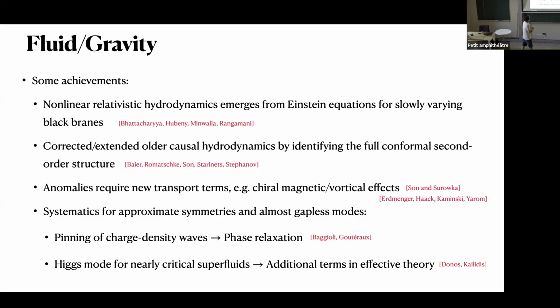And you can also systematically study hydrodynamics when you also have the presence of small gapped modes, which are not exactly hydrodynamic. They have a tiny gap. How would this affect your theory of hydrodynamics? So this is a very systematic and good laboratory to extract or even test effective field theories.